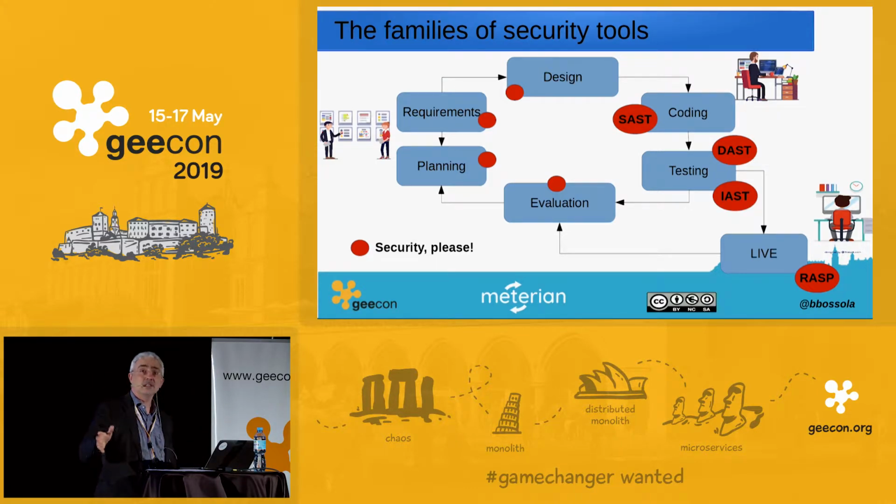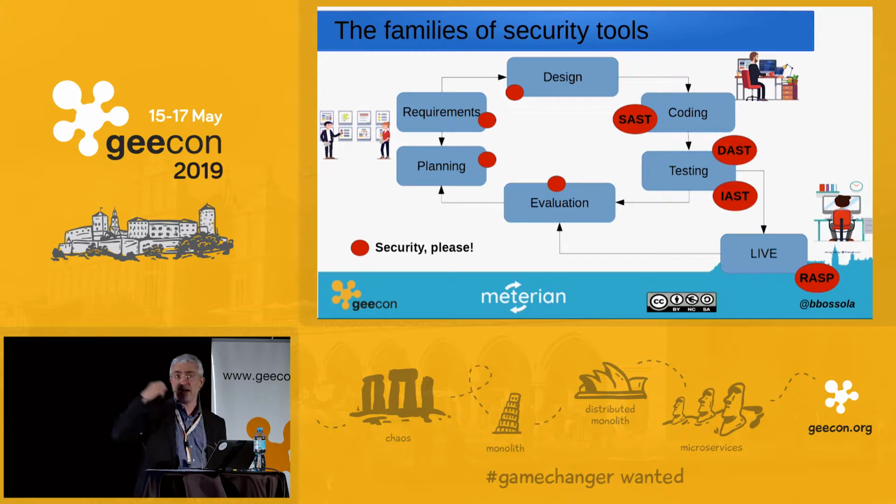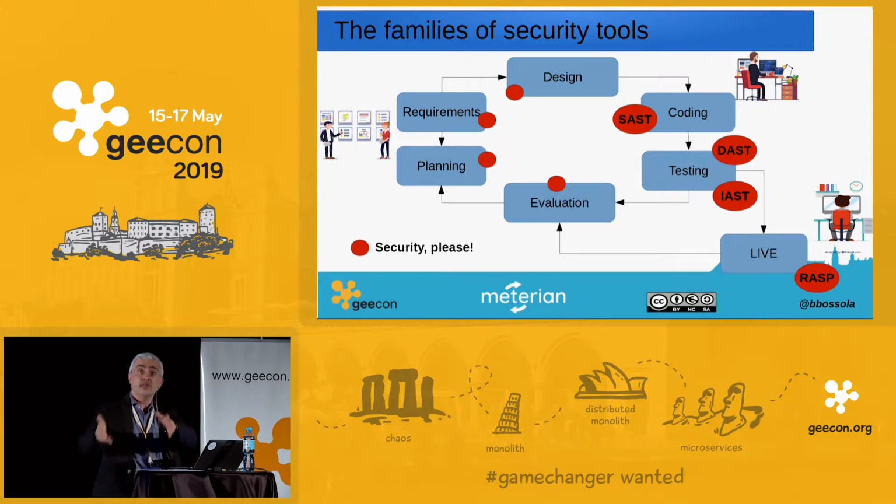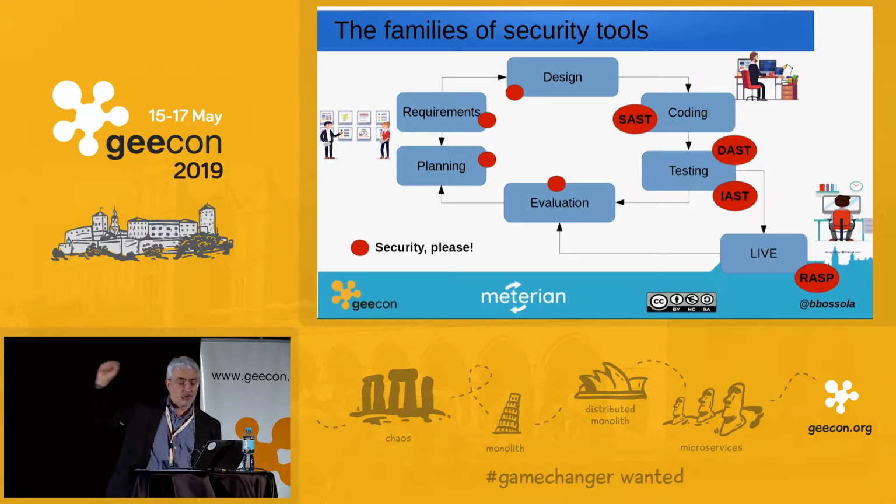There are processes, guidelines, and ways to do things, but no tools or automation that can do that for us. There's a bit on design, but it's still not mature enough at all. But in coding, testing, and live, there are 4 families of tools that are very, very effective. So we want to have a look at those ones.